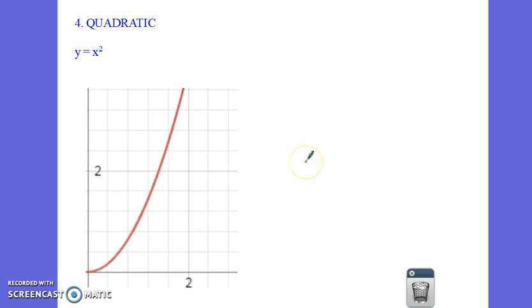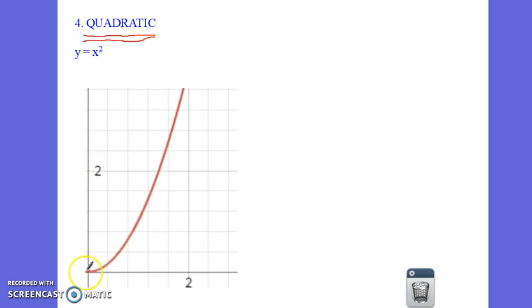Okay, next we have a quadratic function. This one's going to be very important as we go on in further units. First of all, the parent function is given by y equals x squared, and this is what it looks like if you were to graph it on your calculator.